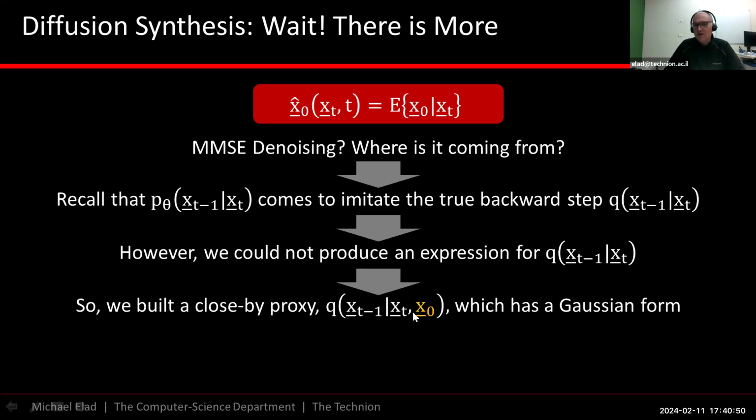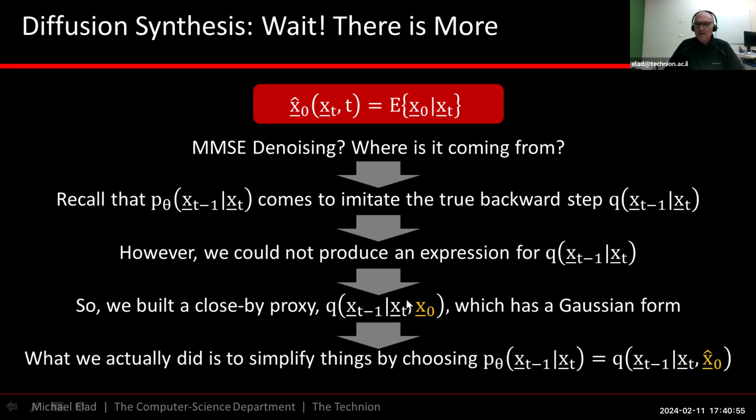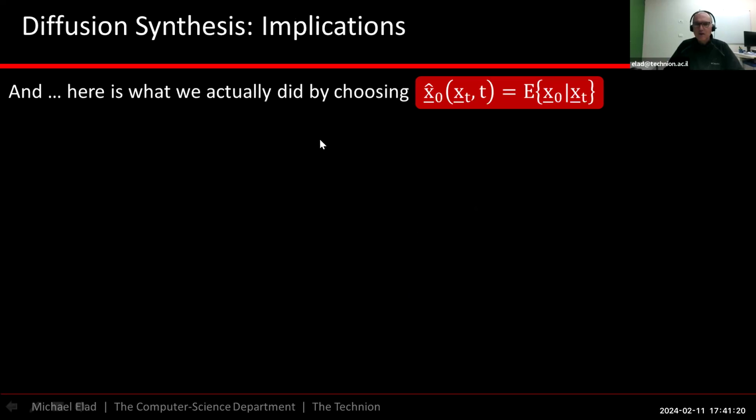We added to the expression the knowledge of x0, and suddenly this has a closed form. Okay, this has a closed form, and so what we did is to say, okay, let's have this expression with its closed form as close as possible to the p theta by matching the moments, and then when you call for x0, just replace it with x0 hat, and you feel that someone is cheating here, and the question is, how severe is this cheat? So again, let's zoom in on this step and understand what exactly we have done mathematically speaking. Here is what we have done.